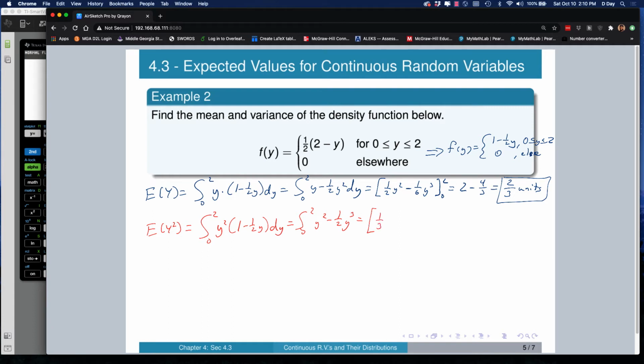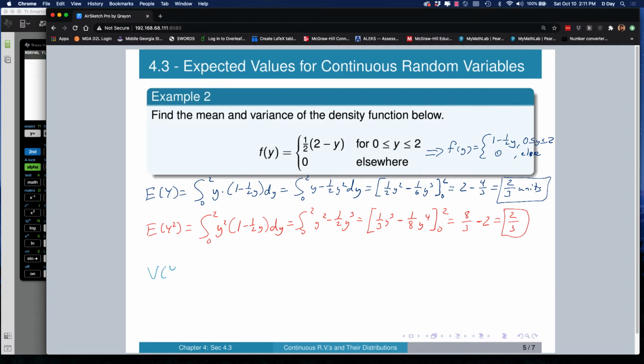We get 1/3 y cubed minus 1/2 y cubed is going to become y to the 4th over 4, so this should be 1/8 y to the 4th power. Evaluated from 0 to 2. Again, we only really care about the 2 in this case, thank goodness. We like 0. And that'll give us 8/3 minus 2. And somehow we get 2/3 there as well for the expected value of y squared.